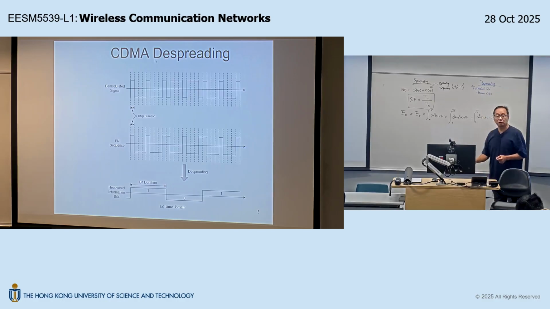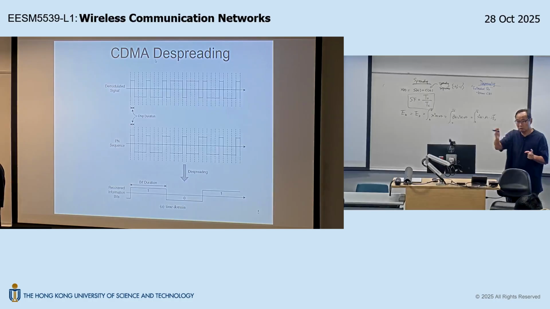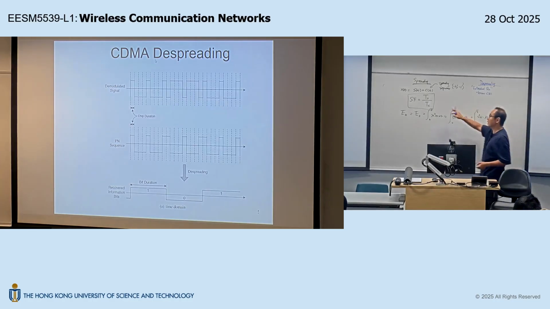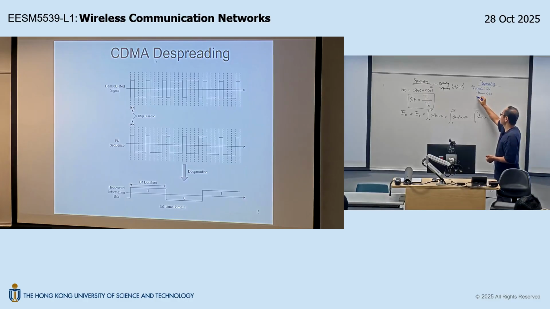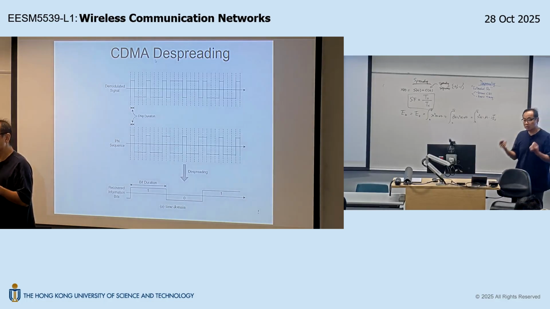You need to know the code that the transmitter used to chop the symbol into 64 pieces. Okay? That means you need to know the knife. If you think of that as a knife, you need to know the knife that the transmitter used. Second, you need to know the timing. Know the despreading timing. I'll explain what we mean by this. Now you must know these two things before you can have successful despreading.